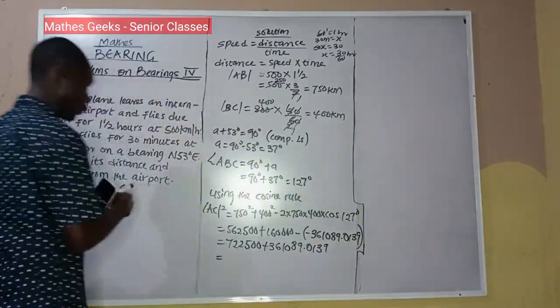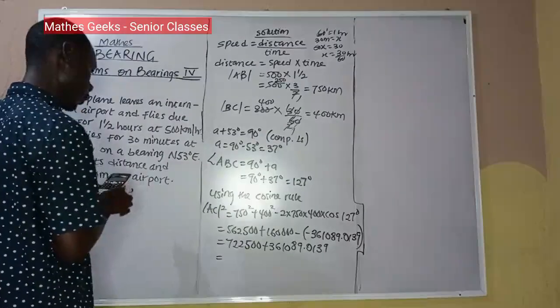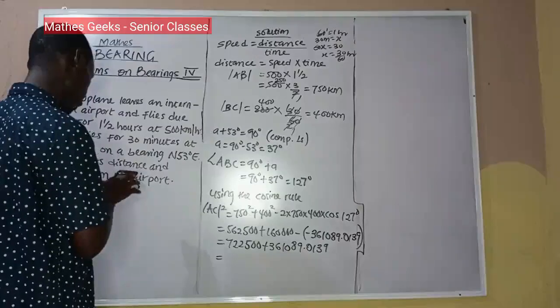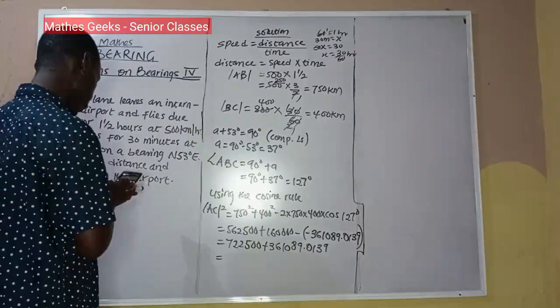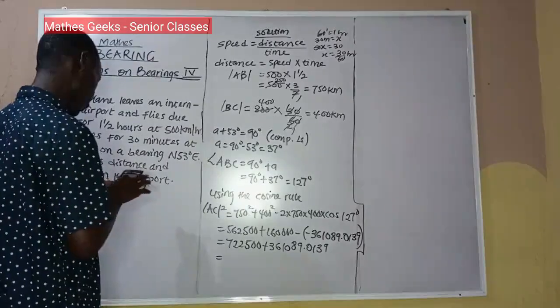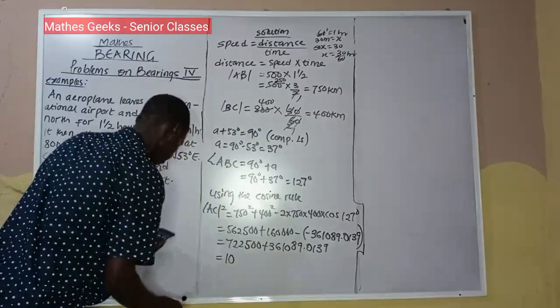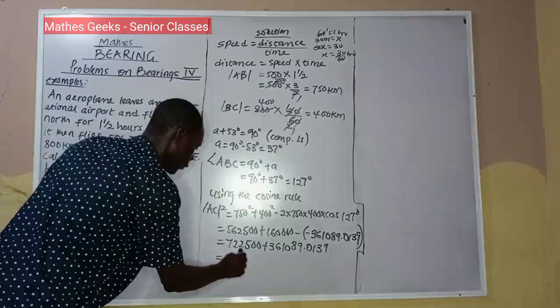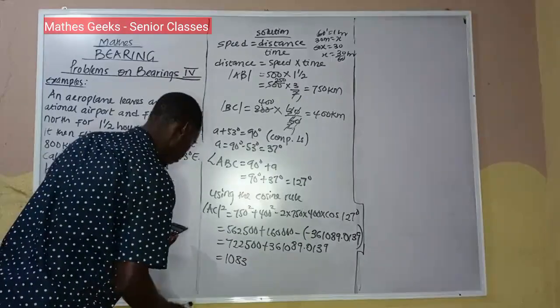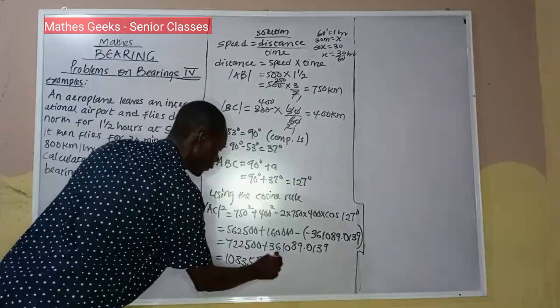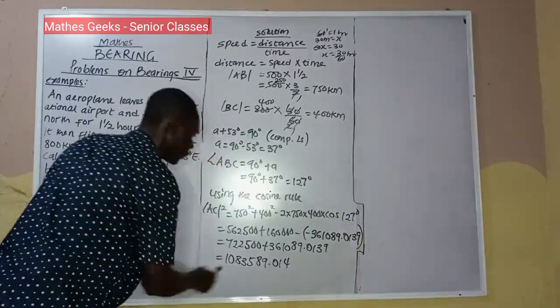And this will give us plus 361,089.0139. That's 1,083,589.014.